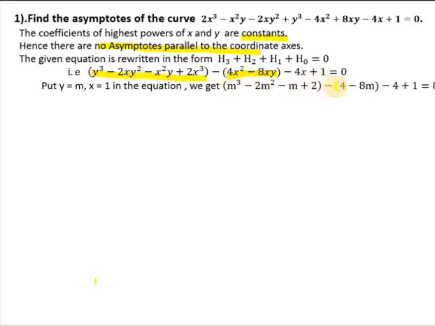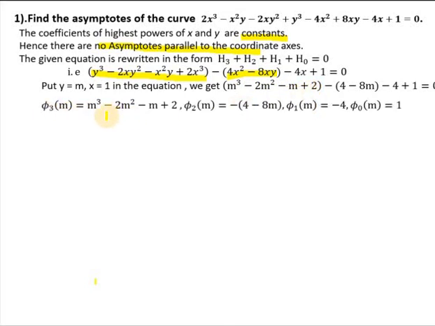Similarly, the second term is minus 4 minus 8m, minus 4 plus 1 is equal to 0. Now here phi 3 of m is the first term, that is phi 3 of m is equal to m cube minus 2m square minus m plus 2, the second term phi 2 of m is minus 4 minus 8m, the third term phi 1 of m is minus 4, and phi 0 of m is equal to 1.